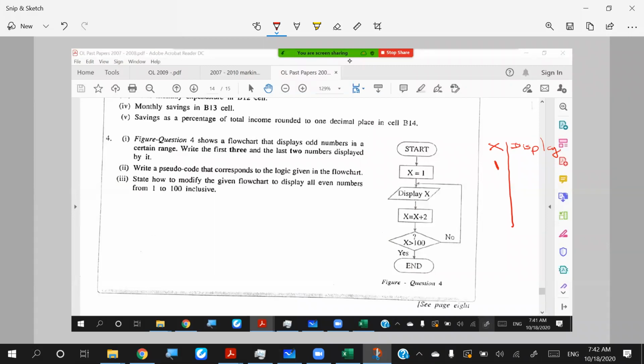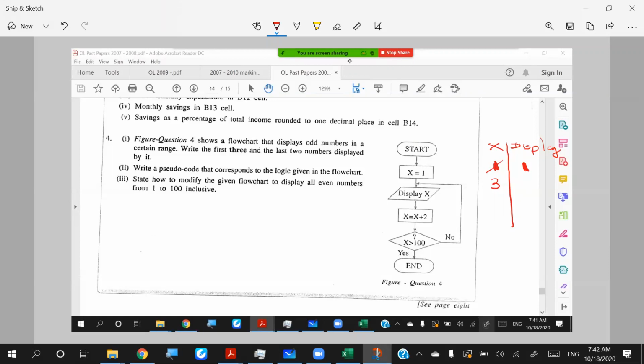And if they ask to display x, you display the x. So when x is 1, 1 is displayed, right? Then x is increased by 2, so 1 will become 3, right? And the question is asked, is x larger than 100? The answer is no, so it goes upward and displays x again.